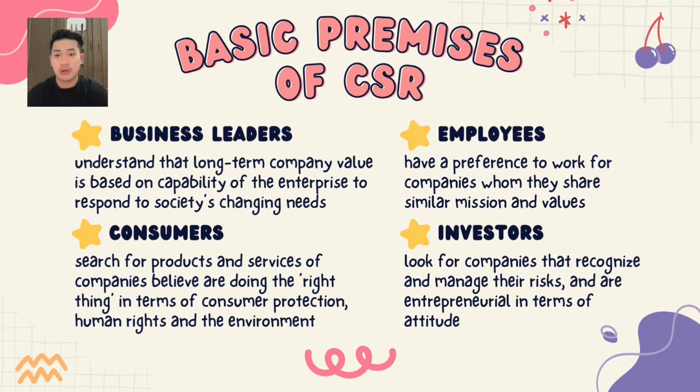Number one example, business leaders. They know that a company's long-term value depends on the ability to adapt to social needs. Number two, consumers. Consumers prefer companies that prioritize consumer protection, human rights, and environmental sustainability.